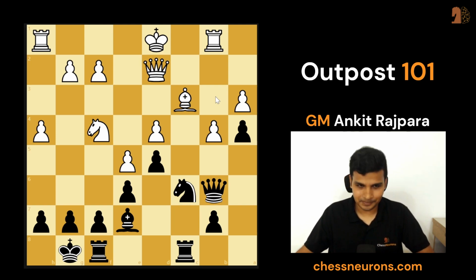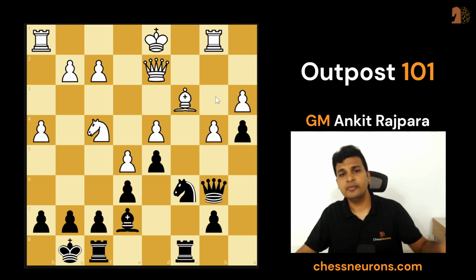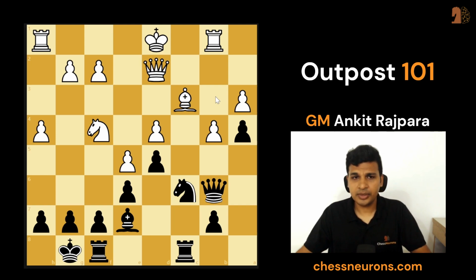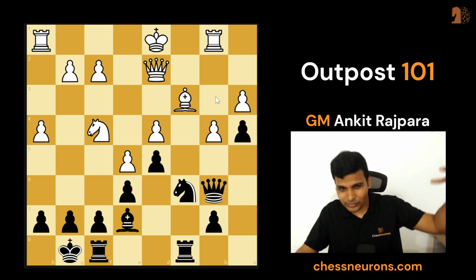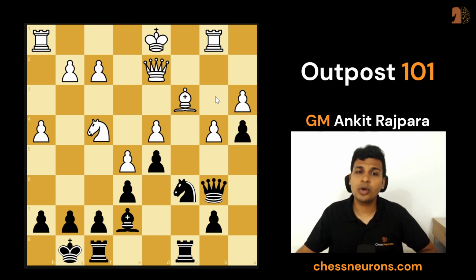Whenever we try to bring a piece to the opponent's side, we want to increase the pressure. Sometimes the opponent makes use of a pawn to attack that piece, so the piece would have to come back.